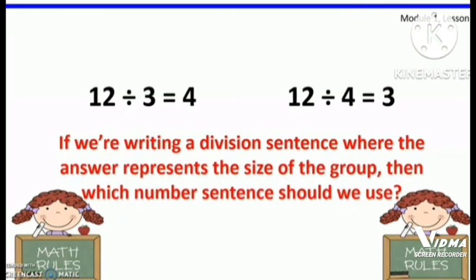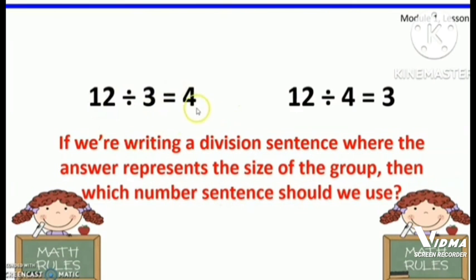Because there were 12 stars, we shared it into 3 groups, and we found out that each person got 4 stars. The other equation would be if you share it into 4 groups, each person will have 3 stars.